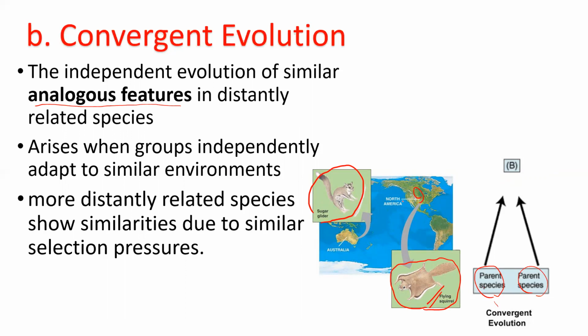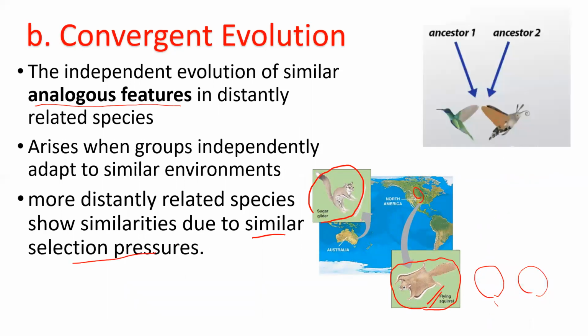They've evolved in different land areas, but similar selection pressures. Similar selection pressures means that their form looks the same. Birds and insects look the same, but obviously one's an insect and one is a bird. Similar selection pressures, but different origin.